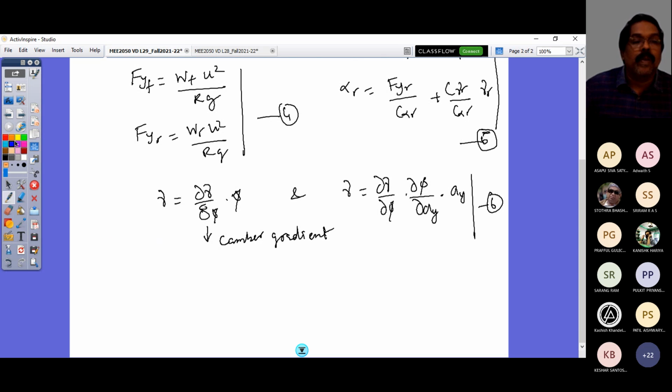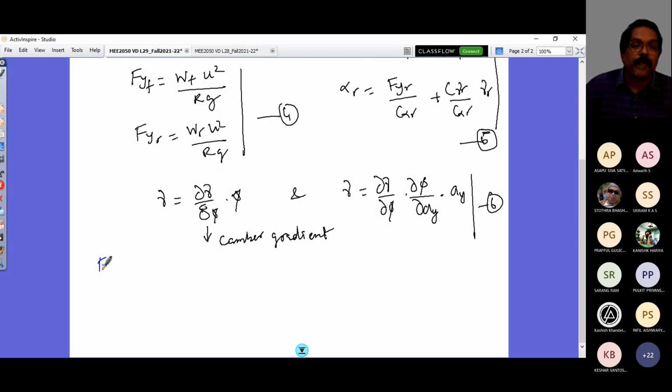So from 4 and 6, equation 5 becomes as follows. So what is that? It is going to be alpha f equals Wf by C alpha f, right?